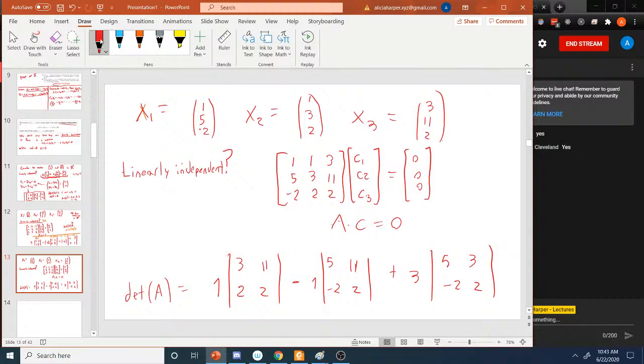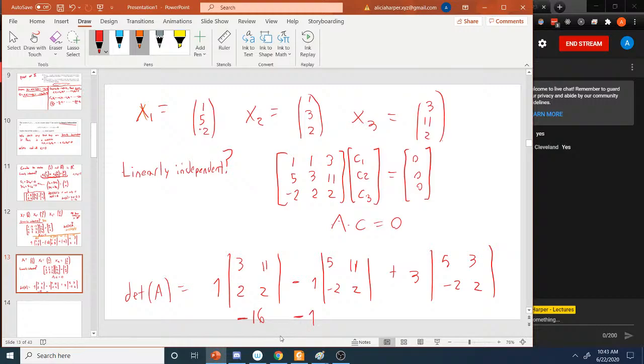So now I have to do a little bit of computation. Right here we have 3 times 2 minus 2 times 11, so 6 minus 22. That is going to be negative 16. So 1 times negative 16 is just negative 16.